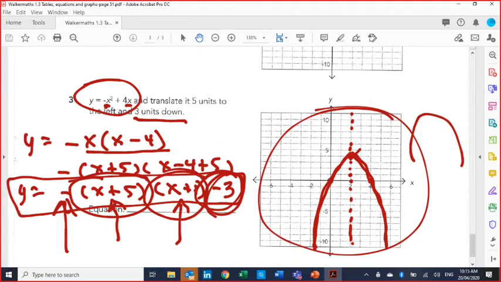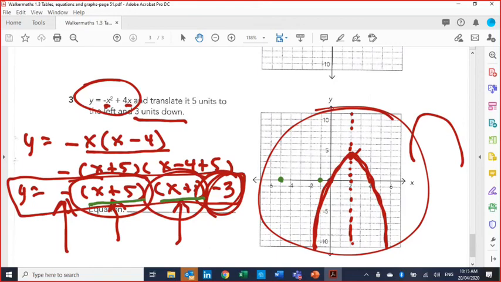So this one's 3 units down and 5 units to the left, so that's easy. So x plus 5 gives us x minus 5 for the new x-intercept. x plus 1 gives us negative 1 for the new intercept. But notice that they're still the same width. That's not going to change. So if the width changes, then you've got issues.